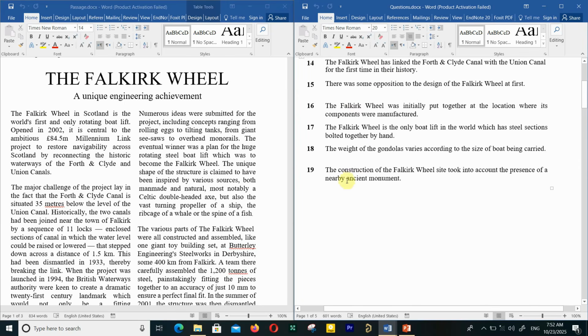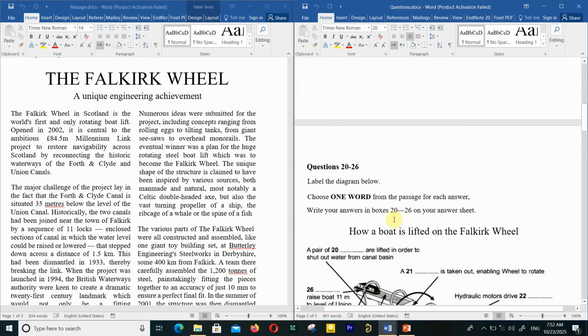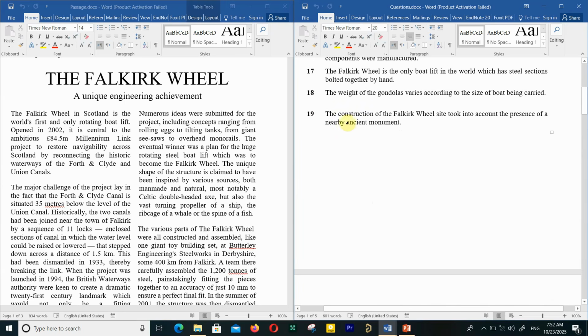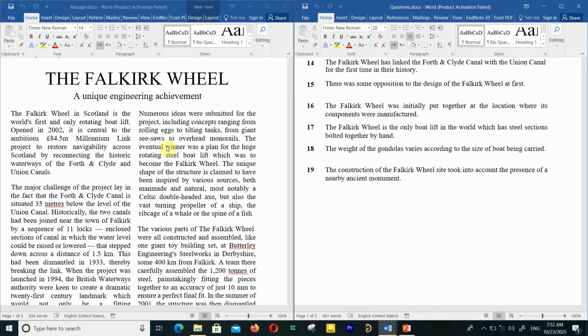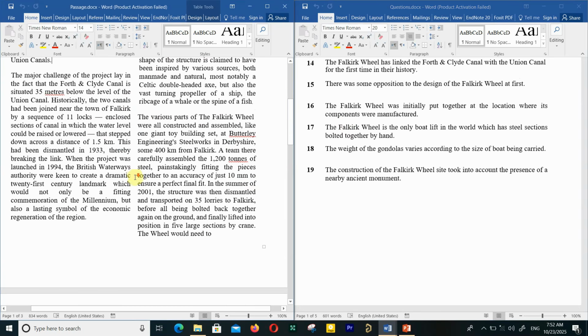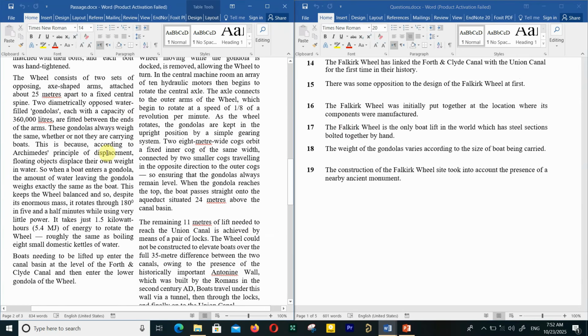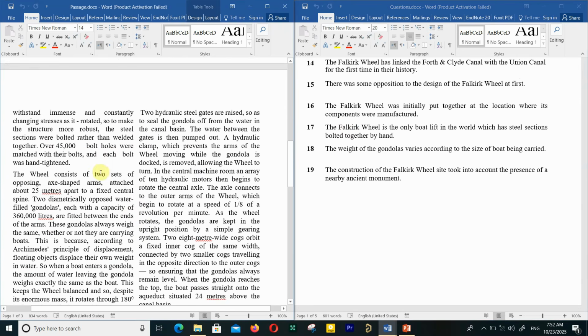So probably this is going to be after question 19, and maybe in the second half of this whole passage. We can say that much. But here you can see two in here and two in there.